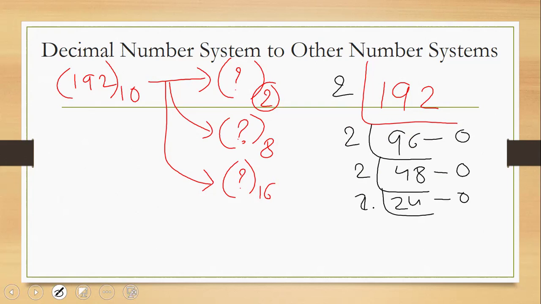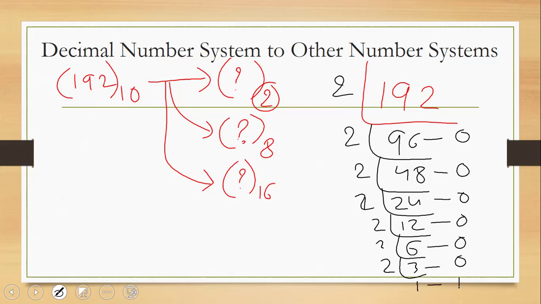Next 2, 12, remainder 0. Next 6 and remainder 0. Next 3 and remainder 0. Next 1 and remainder also 1.